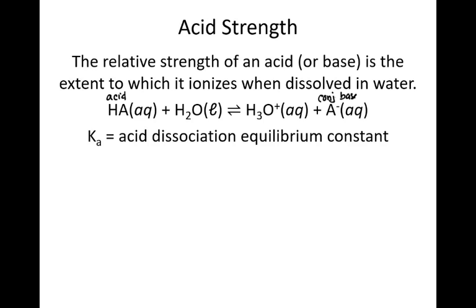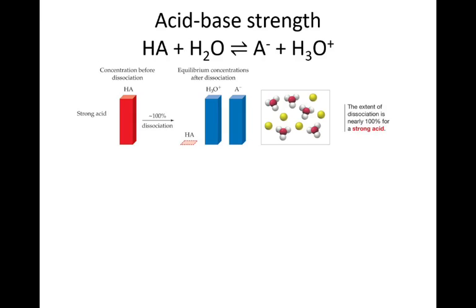Okay. So we can think about what that looks like on the molecular level. If we started with a solution of a strong acid we would expect basically 100% dissociation, where it all becomes H3O plus and the conjugate base.